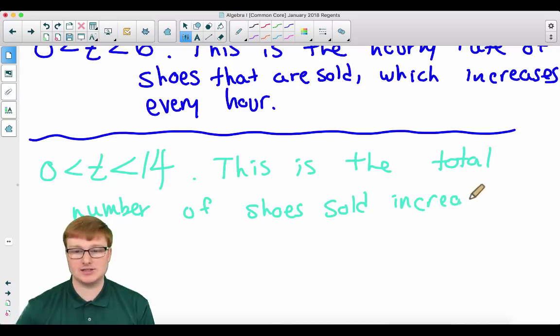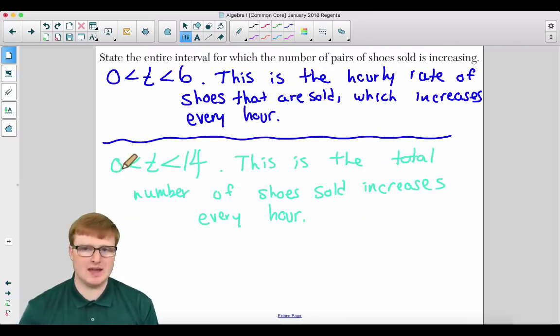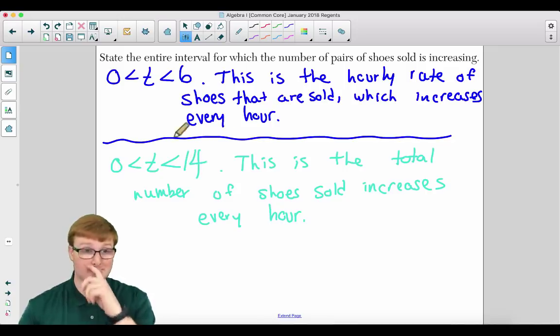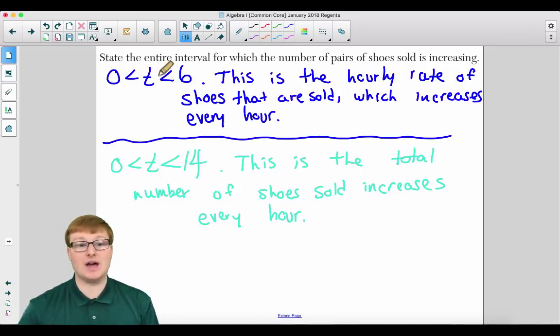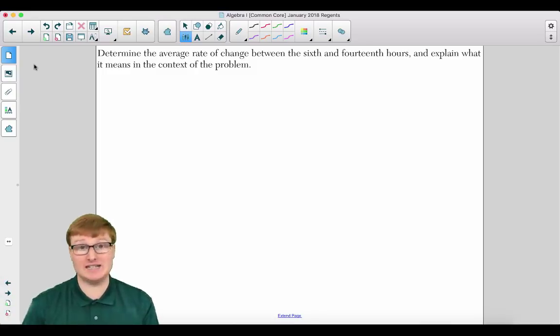It does in fact increase every hour. So they just made a conceptual mistake. But of course they say that like the wording issues are bad. Nope, there's no wording issues. They just don't understand what they're talking about. So those are your two answers. And I hope that you understand why both answers were accepted. And I hope that you understand why the darker blue is technically incorrect, but they still accepted it as that was the original intent of the answer.